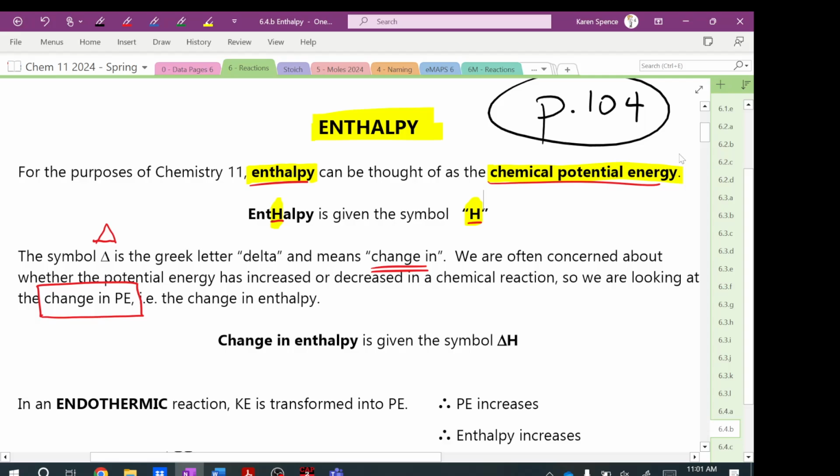Delta H is equal to QP. Do you like that definition, or shall we stick with the chemical potential energy? Chemical potential energy, yes. Okay, so if we are looking at the change in potential energy in a system, we're now going to call that the change in enthalpy. Okay, and we give that the symbol delta H, change in enthalpy.